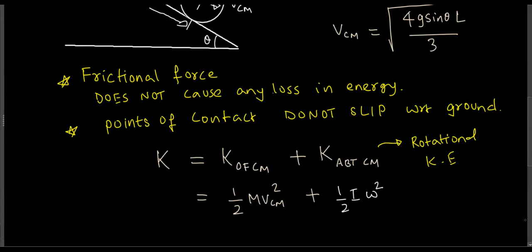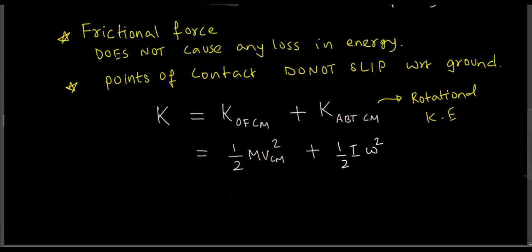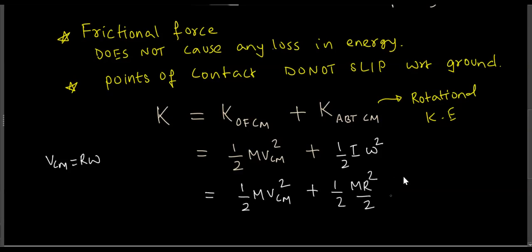Then for our case, this is m v_cm square, and we know that v_cm is R omega. So I can substitute that here. I is m r square by 2, and omega is v_cm by R, whole square.